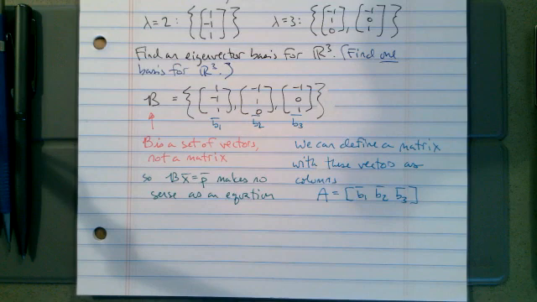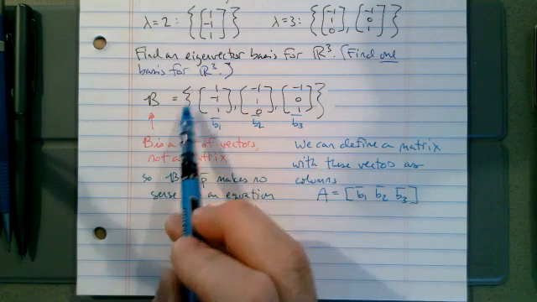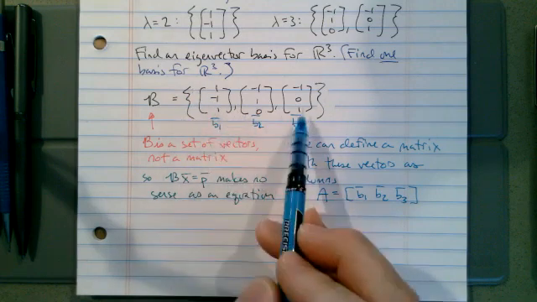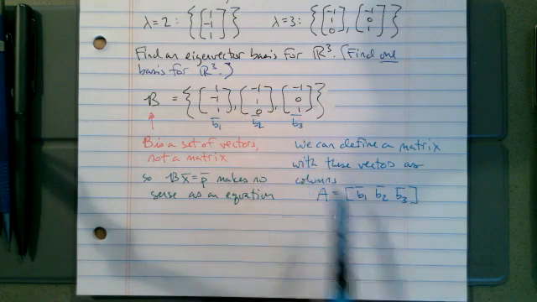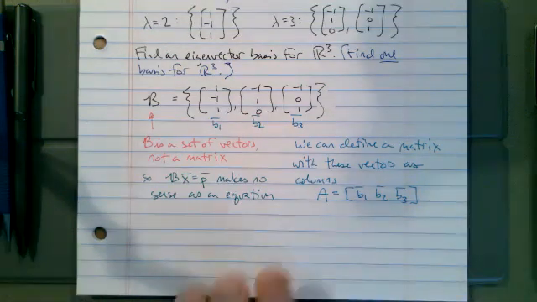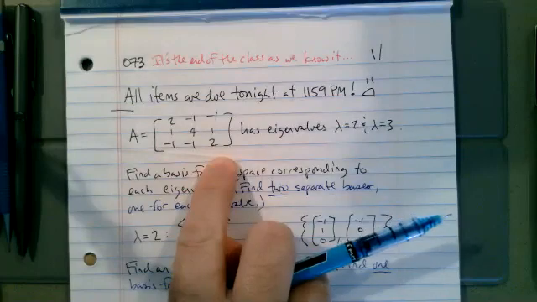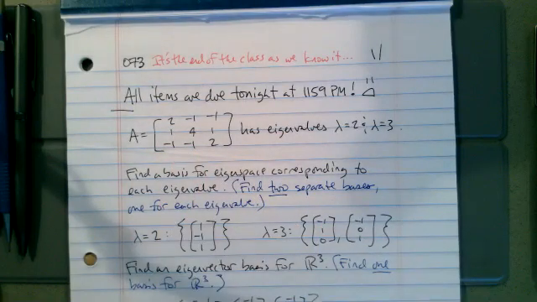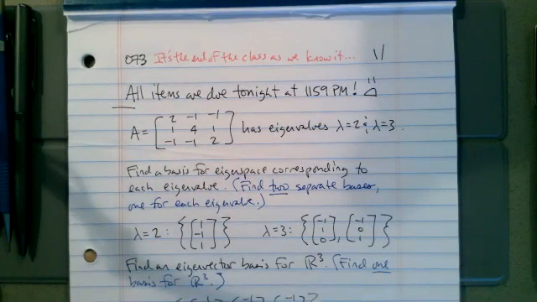Also notice the difference in form. When I use braces and commas, it's a set of vectors, but when I'm defining a matrix, it's brackets and no commas, just spaces between the columns.